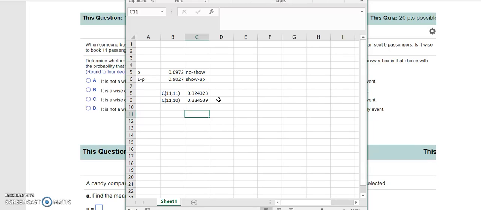And then if you just add these two, this is the probability that you'll have more than 9 people showing up, which is almost like 70%. That's a really high risk of not having enough seats.